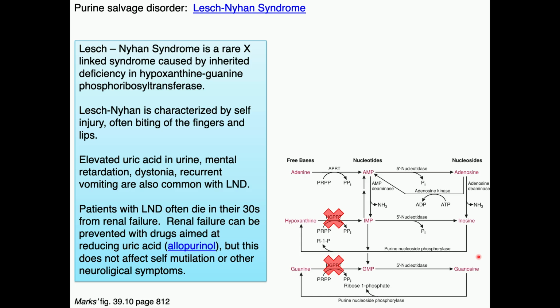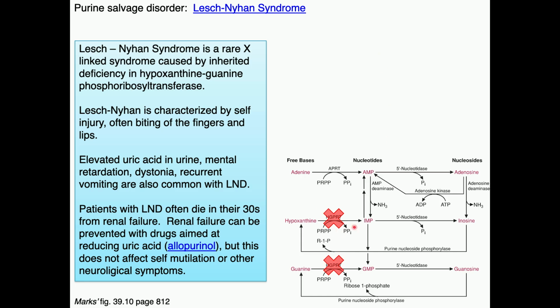I think this is our penultimate disorder, and it's related to the ultimate one, Lesch-Nyhan syndrome or Lesch-Nyhan disease. This is a rare condition, X-linked, so it's manifesting in males, and this is caused by inherited mutations that eliminate the function of the hypoxanthine guanosine phosphoribosyl transferase gene.